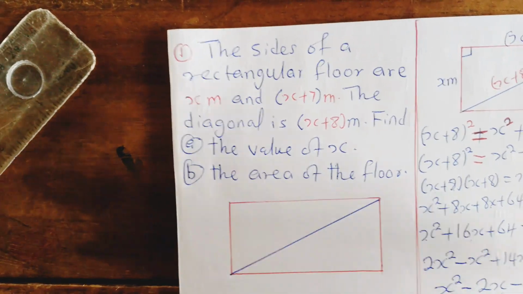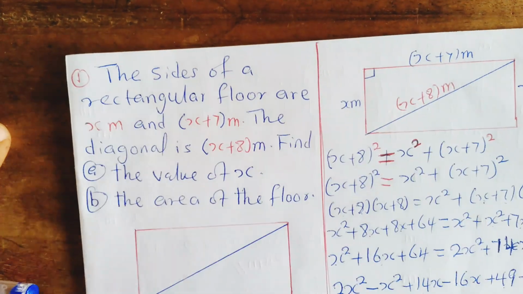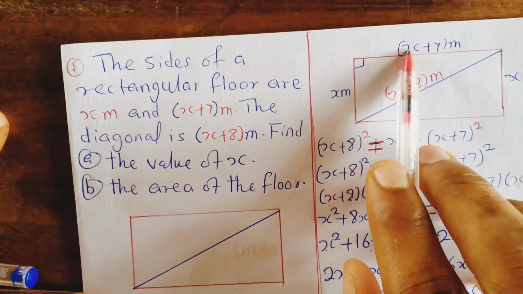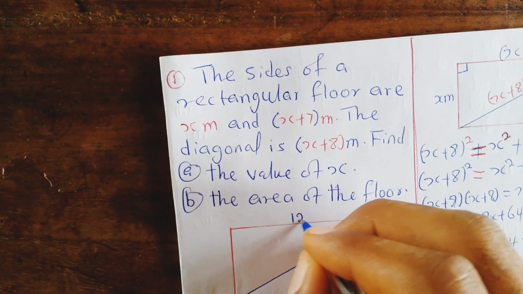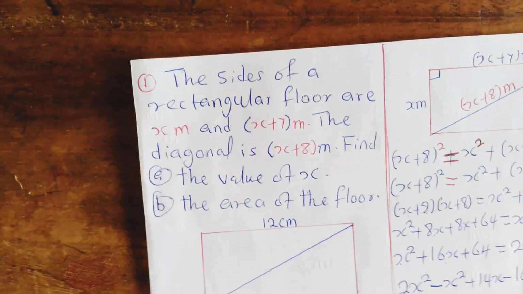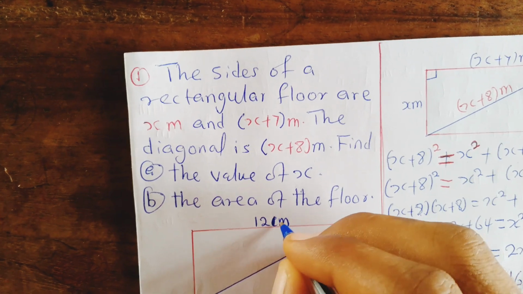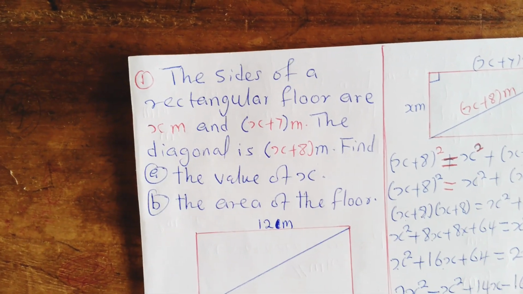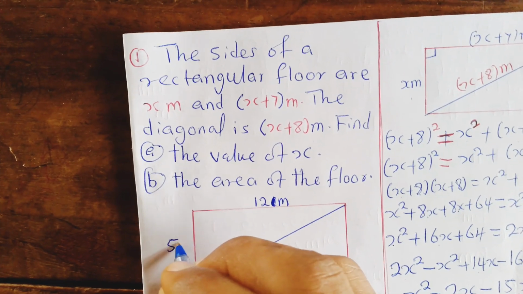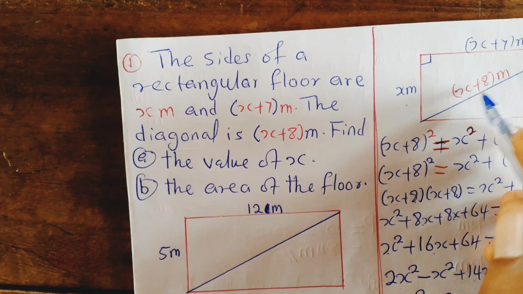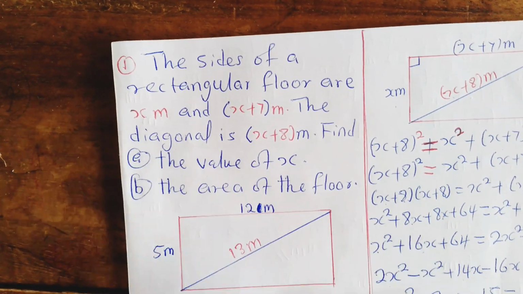When we come here, you realize that this is x plus 7, and then I had x to be 5. So this place will be 5 plus 7, and that will give me 12. It means this place is 12 meters. The other side is just x, so this will give me 5 meters. And the diagonal will be 5 plus 8, that will give me 13 meters.